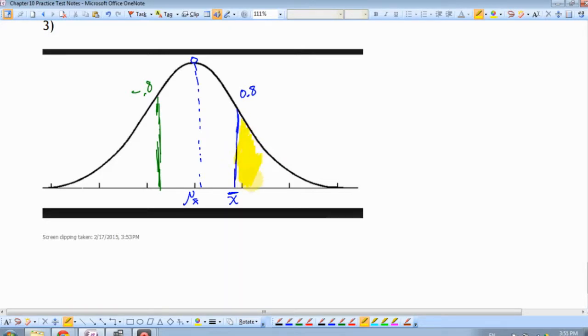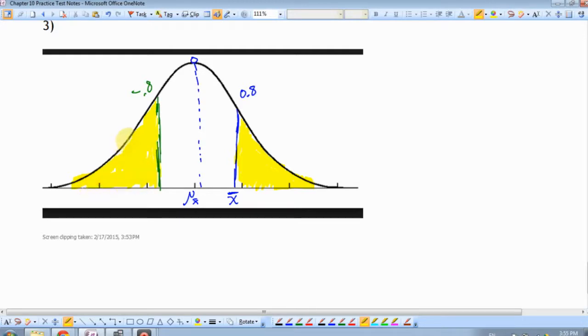Both of these two tails added together. Why both of them? Because the alternative hypothesis is not equal to. Sorry, let me start over.